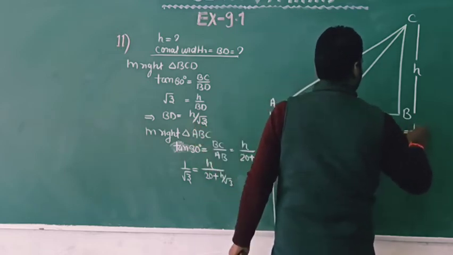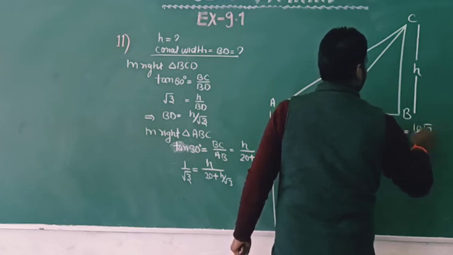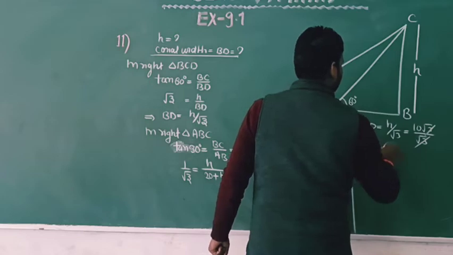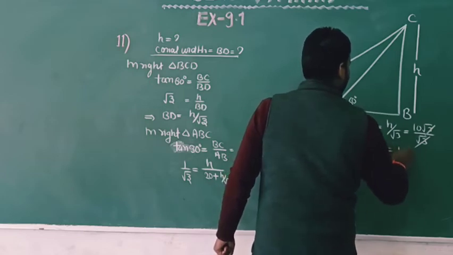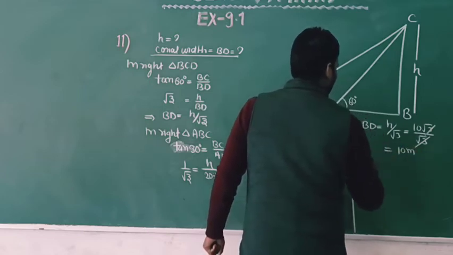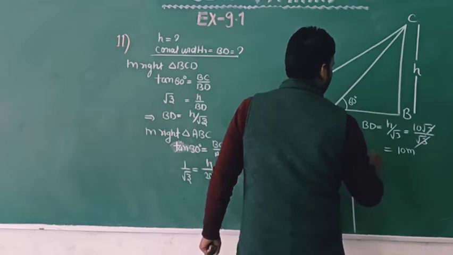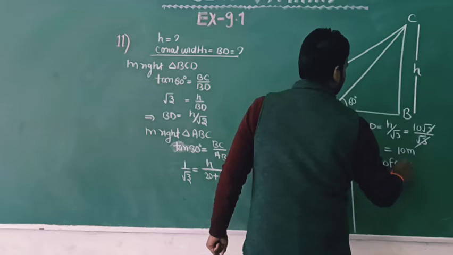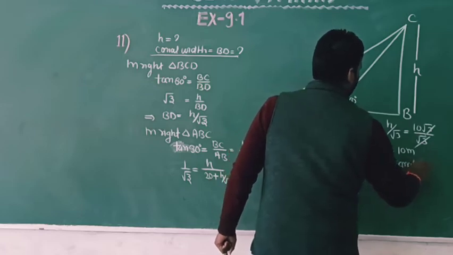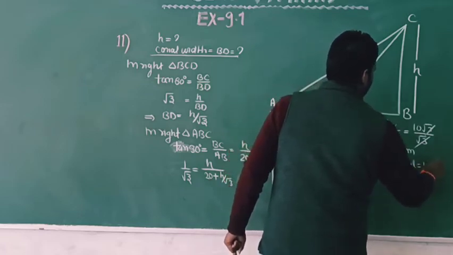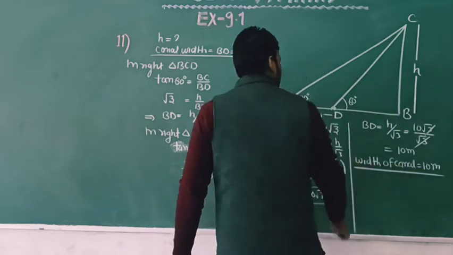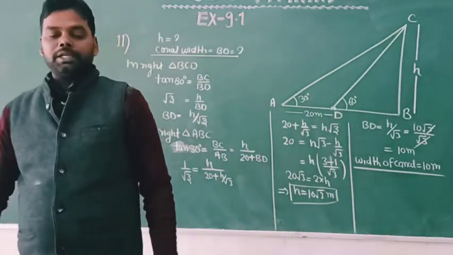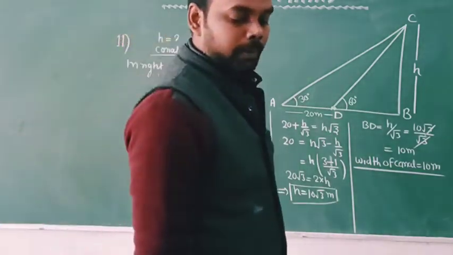So this is 10 under √3 divided by under √3, which equals 10 meters. So the width of the canal is 10 meters.